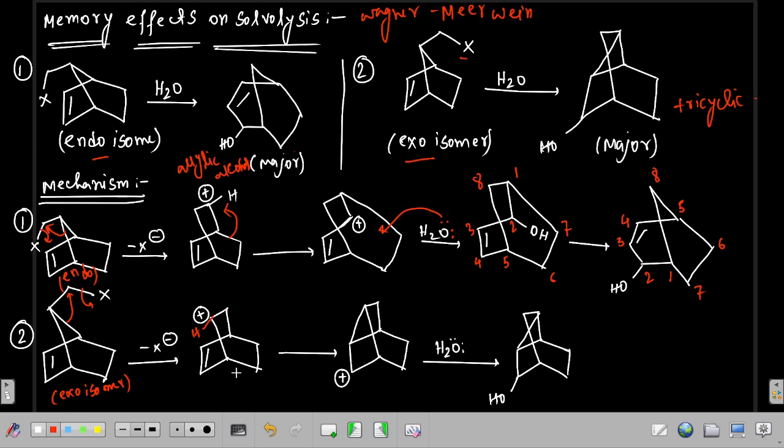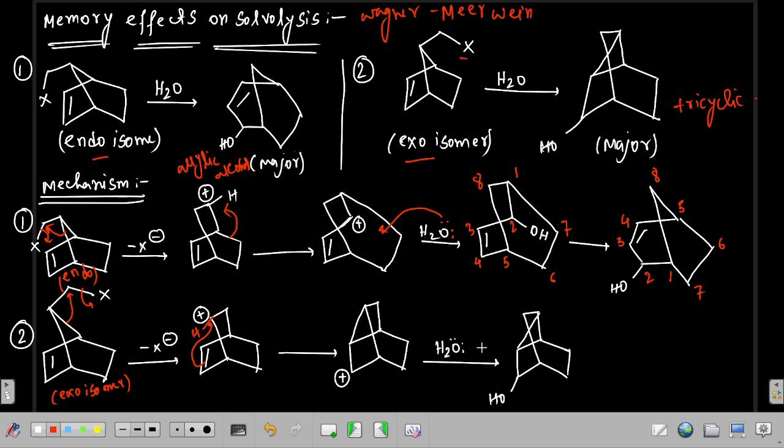Now in case of the exo isomer, this double bond will be migrated, and it will shift to here, and it makes a bond with this, so it leads to the formation of the carbocation.